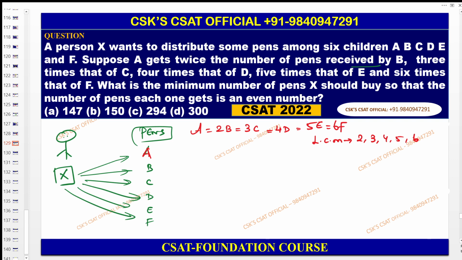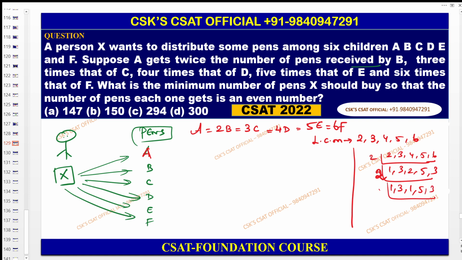You people learned LCM, right? In yesterday's class, I taught you the LCM here. You can take your 2, 3, 4, 5, 6, and divide step by step until you get 1s.